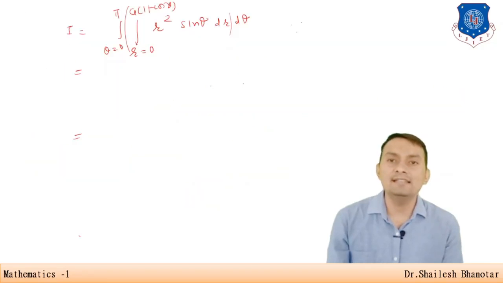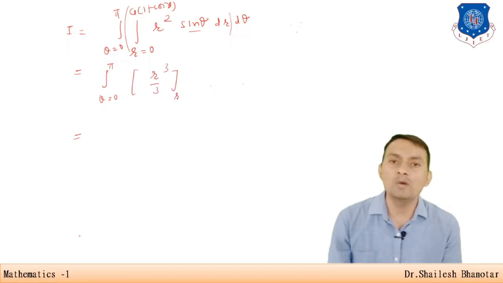Let us see, integration, r equals 0 to a into 1 plus cos theta, and theta equals 0 to pi, r square sin theta dr and then d theta. That means first we need to integrate with respect to r, but sin theta is nothing but a constant. So what I will have is theta from 0 to pi, r cubed divided by 3, with r from 0 to a into 1 plus cos theta, and sin theta is a constant quantity.